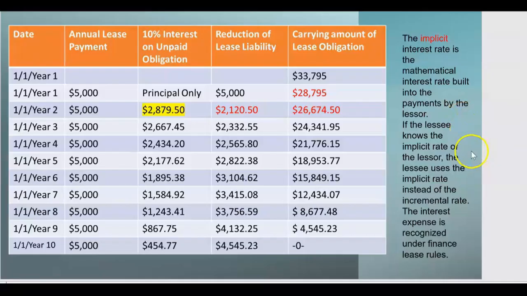And if the lessee knows the implicit rate, if they know the rate used to build this table, then the lessee uses the implicit rate instead of the incremental rate. But the interest expense is going to be recognized now because we're using finance lease rules instead of operating lease rules. And why are we using finance lease rules? Because it must have met one of the 5 criteria.